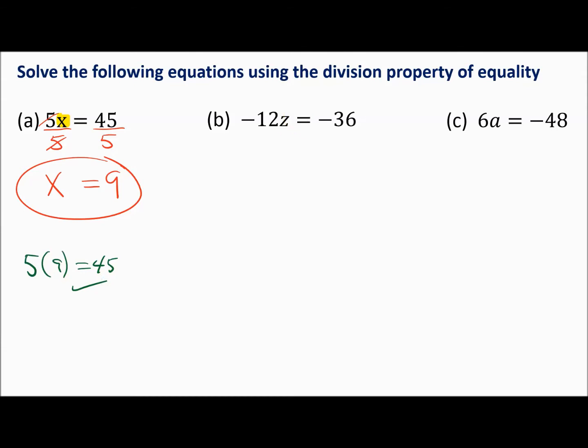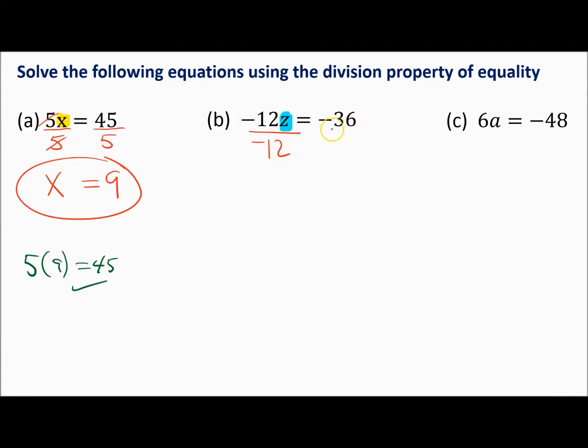Well, I could try it again. Here I'm trying to get this z isolated. So to remove the negative 12 that's being multiplied by the z, and again, notice that's multiplication. It's not subtraction, okay? I'm not going to add 12 to both sides. I'm going to divide by negative 12 to get rid of the multiplication by negative 12. So if it's a positive, you divide by positive.